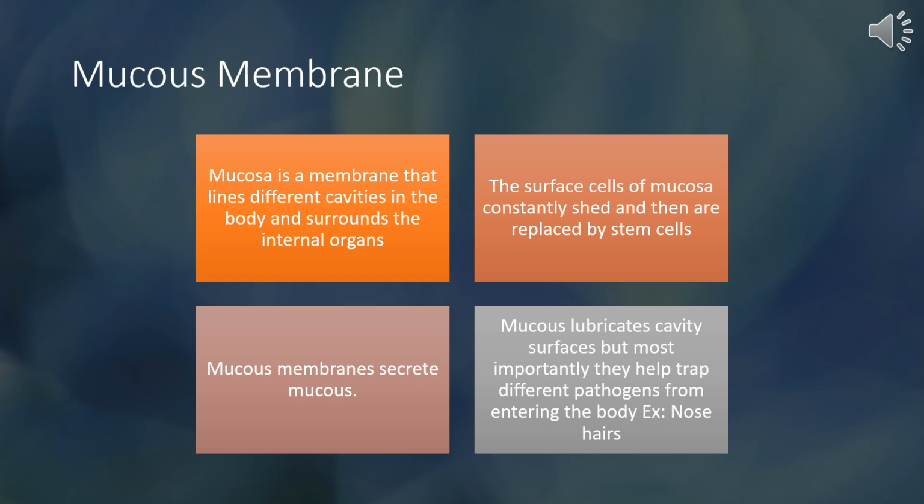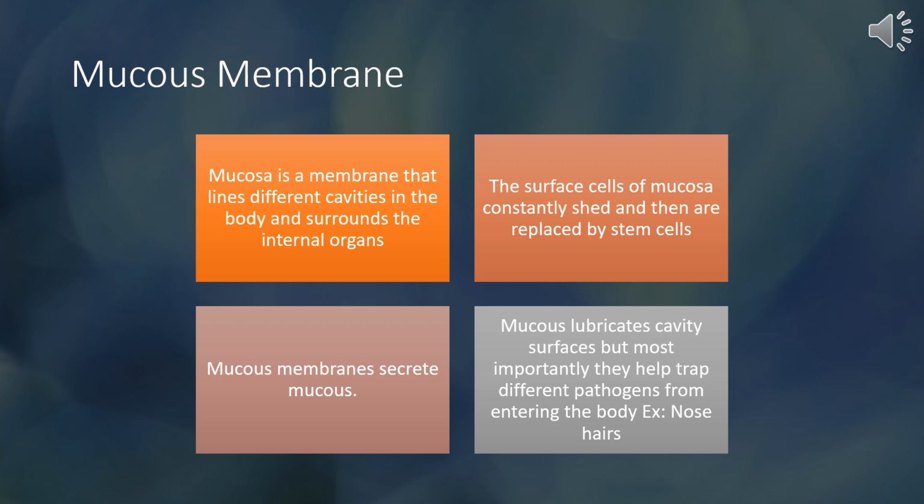So moving on to the second example I have for the physical barrier. The first line of defense is going to be the mucous membrane. Mucosa is a membrane that lines different cavities in the body and surrounds the internal organs. The mucosa is constantly shedding and then is replaced by stem cells.